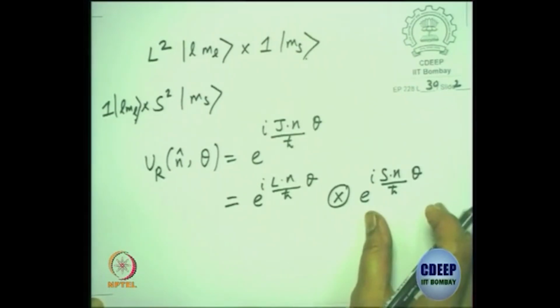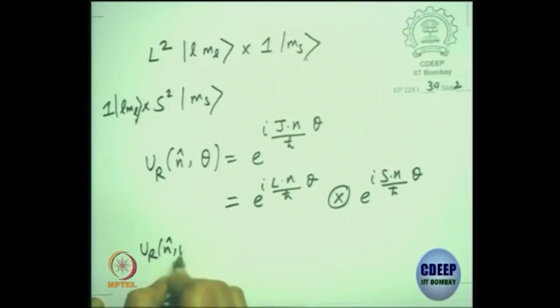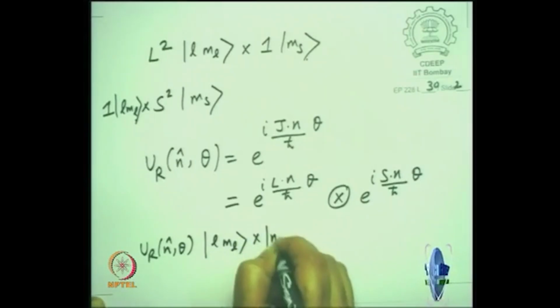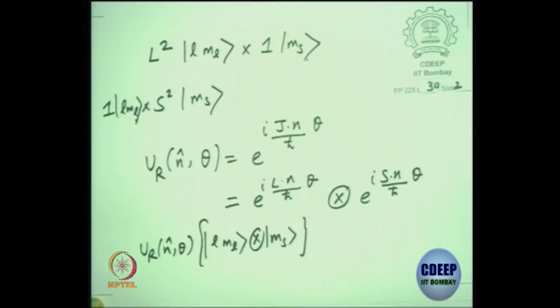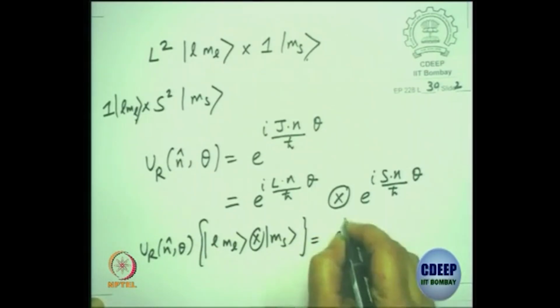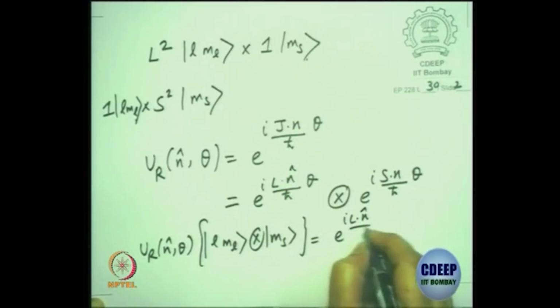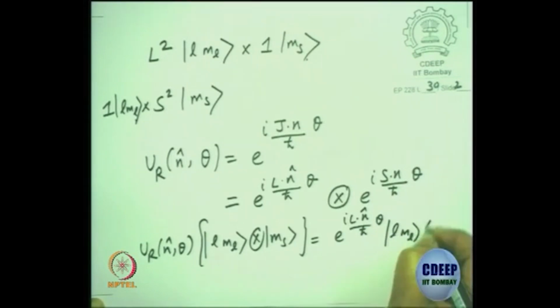This operator will operate on, so if I want to write what is U_R(n hat, theta) on |L, M_L> cross |M_S>, that will be e to the i L dot n hat by h cross theta on |L, M_L> crossed with e to the i S dot n by h cross theta on |M_S>.